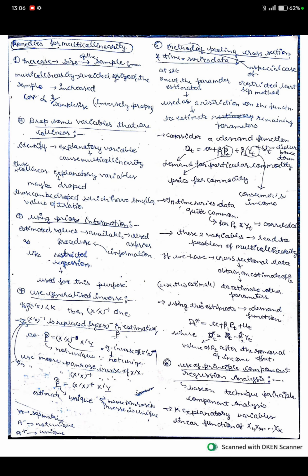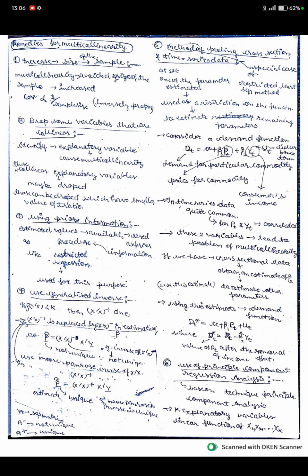Fifth, the method of pooling cross-section and time series data. This method is a special case of the restricted least squares method. At first, one of the parameters is estimated. Use this parameter as a restriction on the function to estimate the remaining parameters.